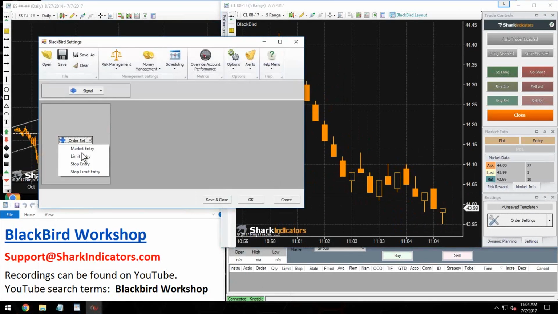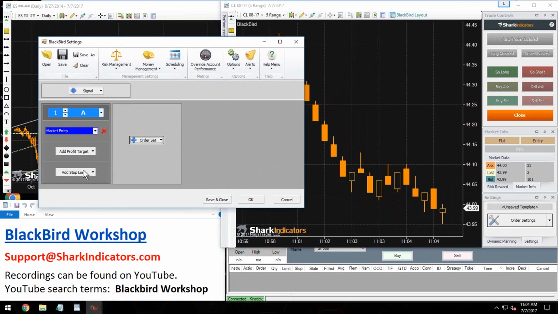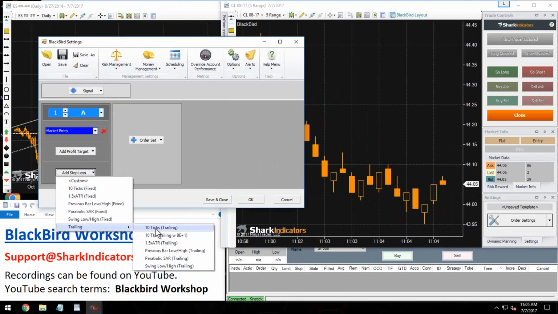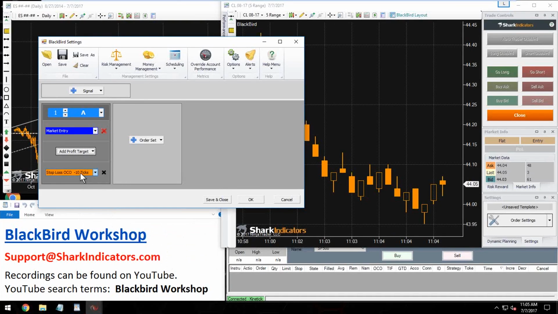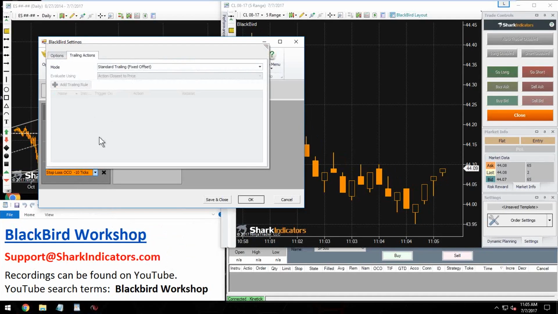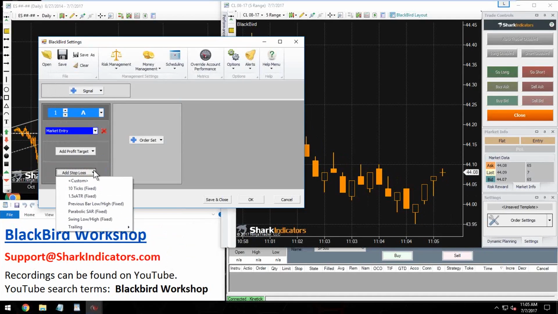So let me give you an example here. Let's just use this simple 10-tick trailing here. And actually, let me use this 10-tick with the break even here. Yeah, let's use this one instead.